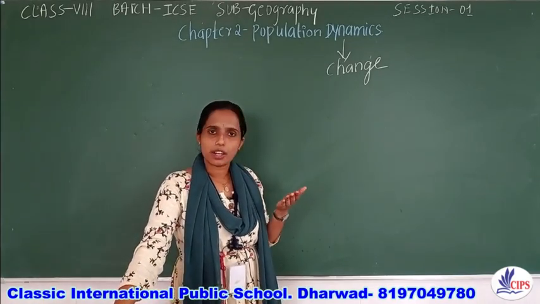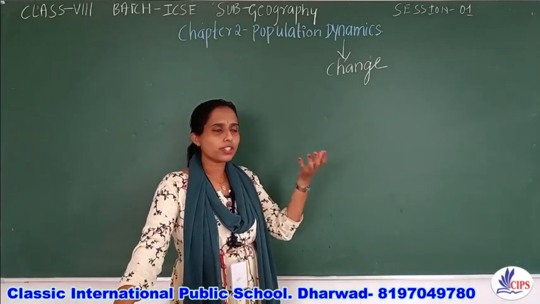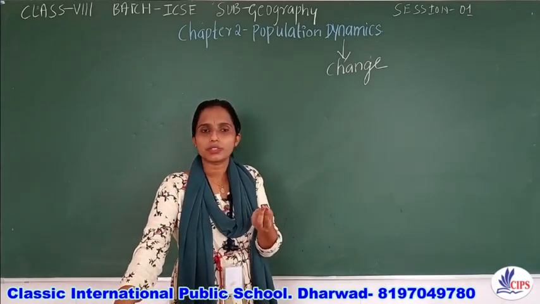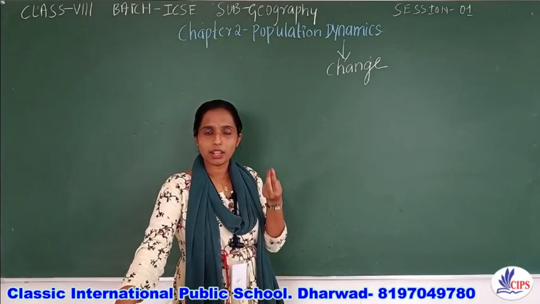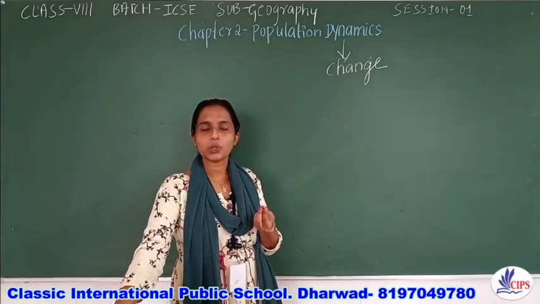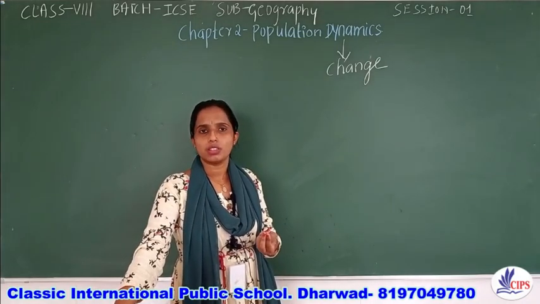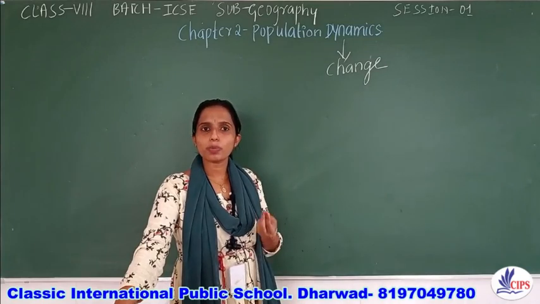In the 1900s or in 1920, the population of India was very meager. But see the population India has today. In 2020, we are a country of 100 plus crore, 120 crore population.